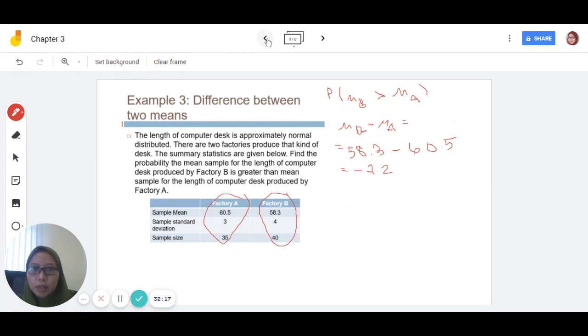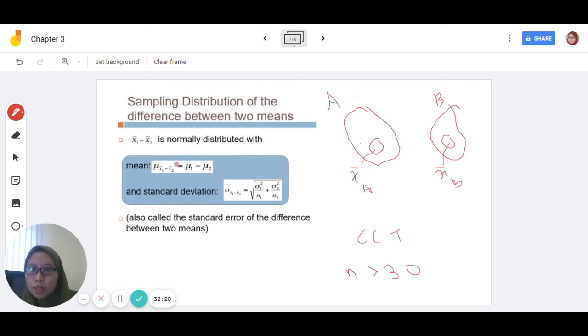Compute the standard deviation of the two means. So this is the formula for the difference between two means: variance of population 1 over n plus variance of population 2 over n.